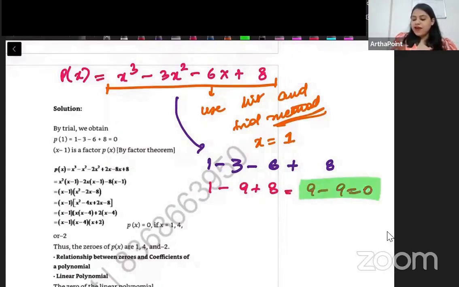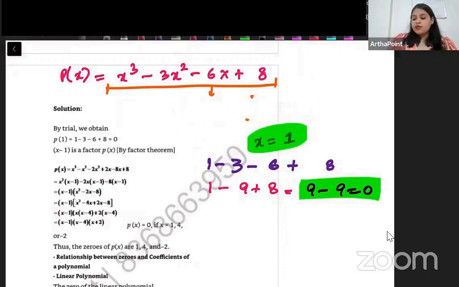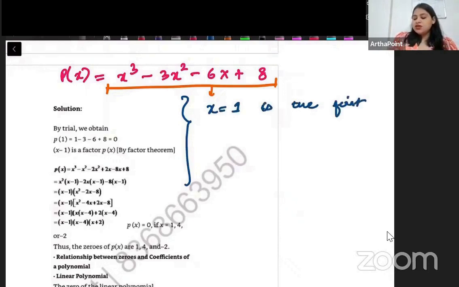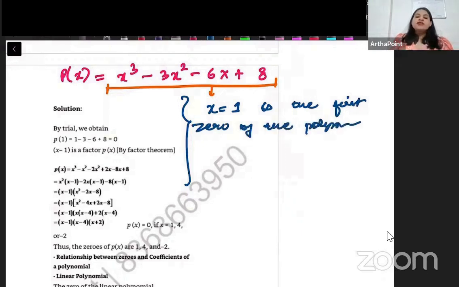So I am in fact getting 0 by putting x is equal to 1, which means that the first zero of the polynomial will be x is equal to 1. So beta, now what will we do? If x is equal to 1 is the first zero of the polynomial, it means the first factor will be x minus 1.